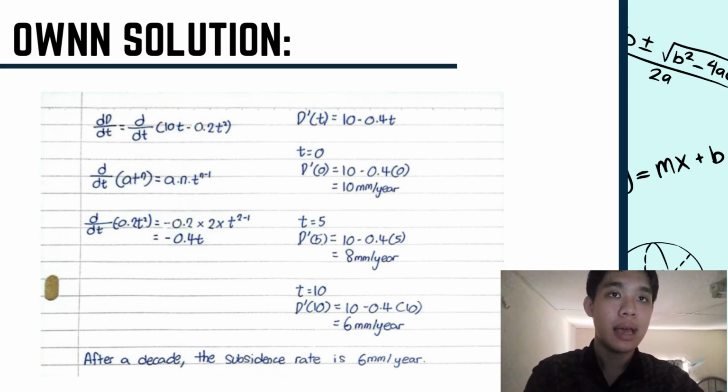in brackets 10t minus 0.4t squared, and the t can be replaced by 0, 5 and 10.